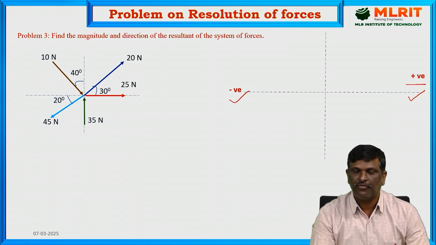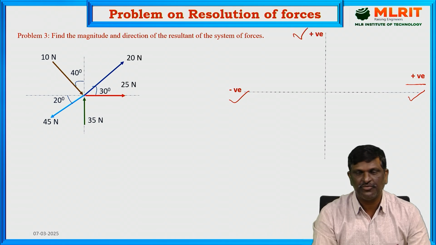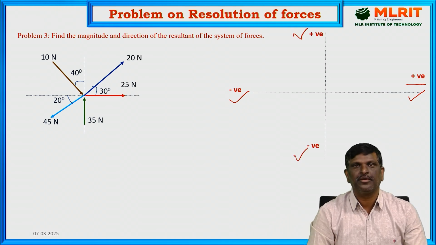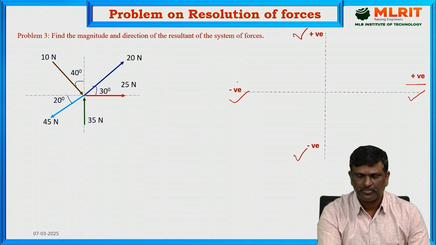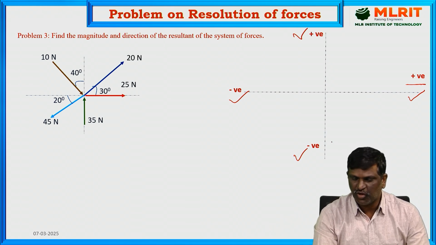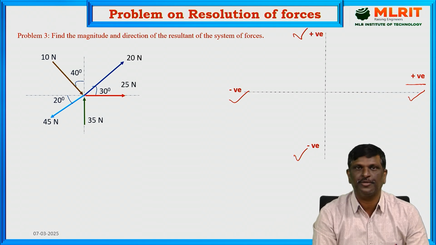For the vertical components the sign convention is like this: upward positive and downward negative. We can change the sign convention like left side positive and right side negative, downward positive and upward negative. But till completion of the problem, we need to follow the same sign convention.